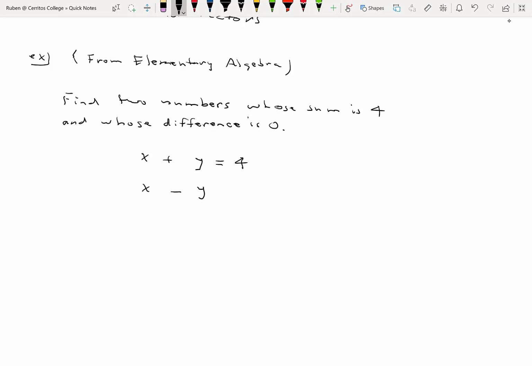So the two numbers add up to 4, x plus y equals 4, and their difference is 0. So when you consider the two equations together, that is, you consider the idea of finding two numbers x and y that satisfy both of these equations, you get what's called a system of equations. This is a system of equations. Okay, and I know you know that.